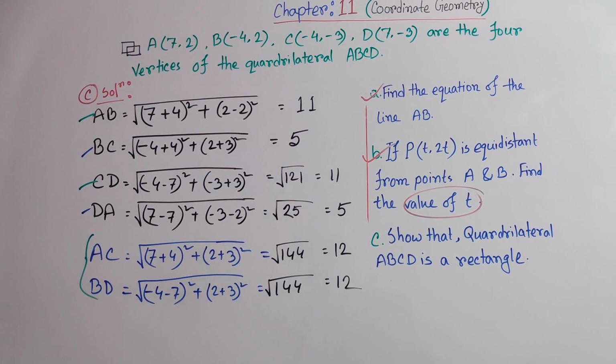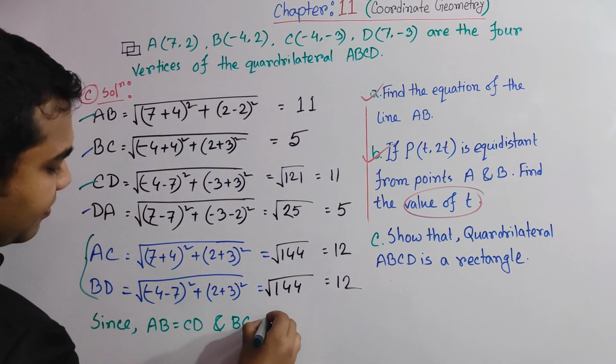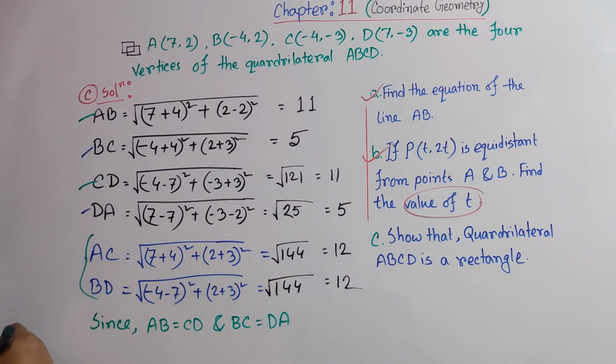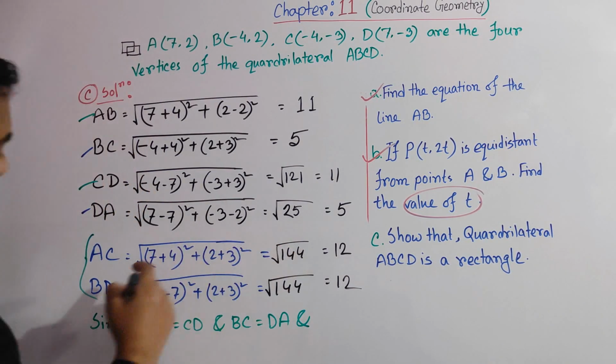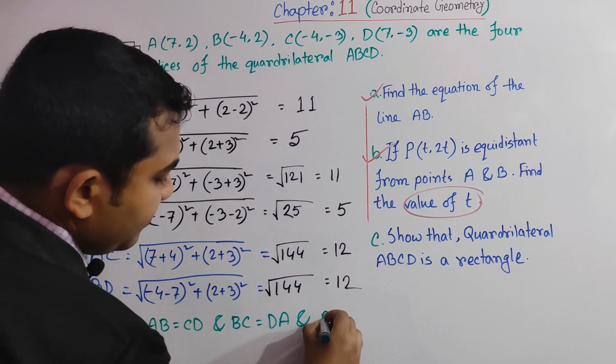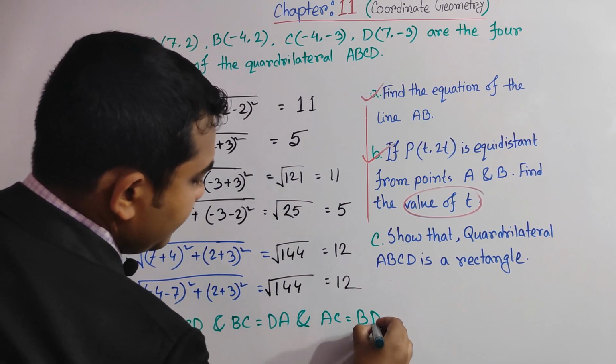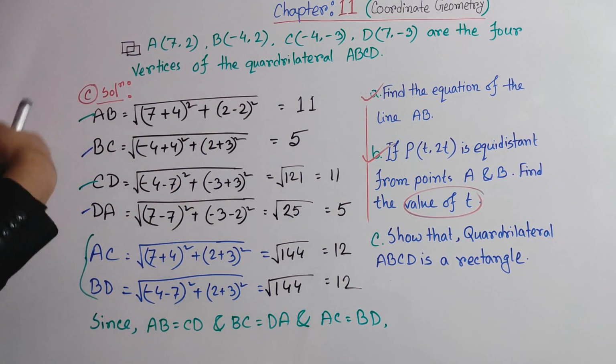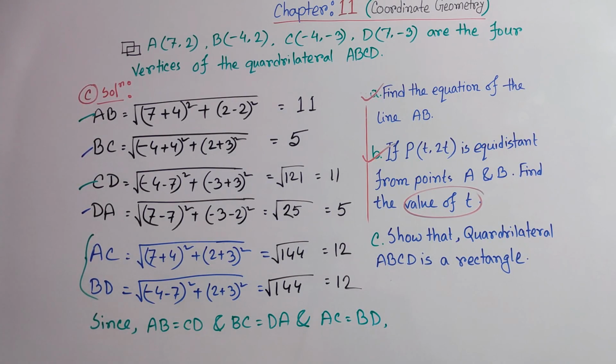So here we can say, since AB and CD, and BC and DA, and AC and BD are equal, so ABCD is nothing but a rectangle.